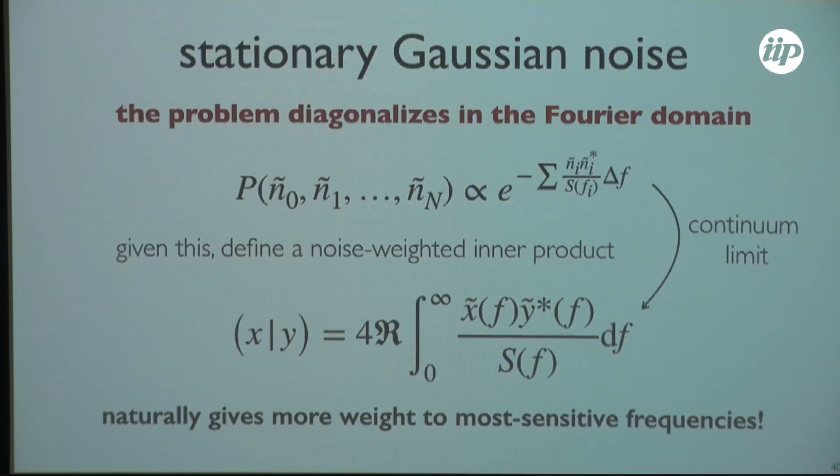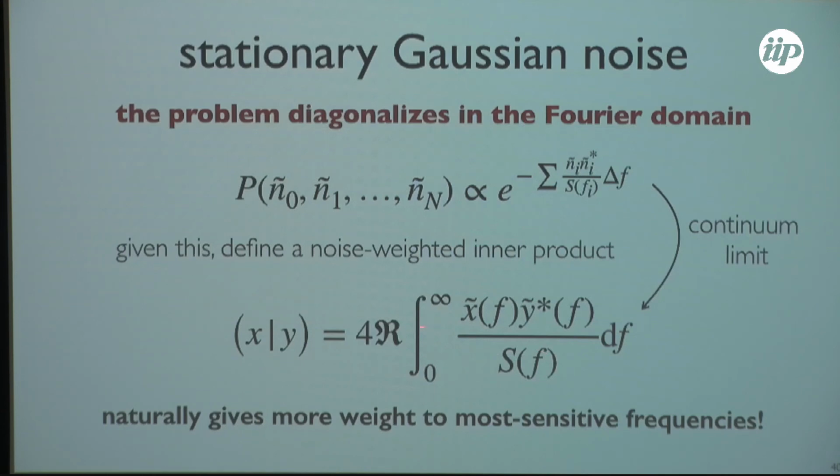I'll come back to this tomorrow in more detail because I ran out of time. But this will be a fundamental quantity in data analysis. It's the inner product of two data vectors. In the continuum limit, it's just an integral over frequency weighted by the power spectral density.